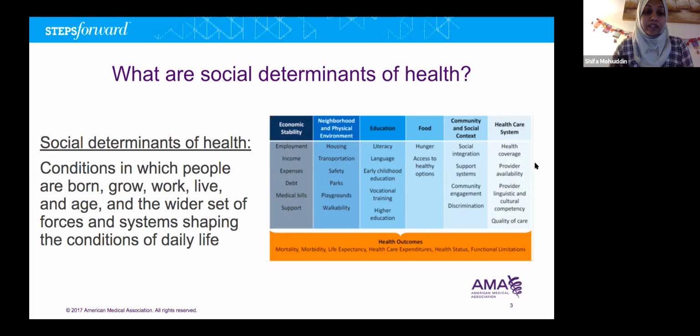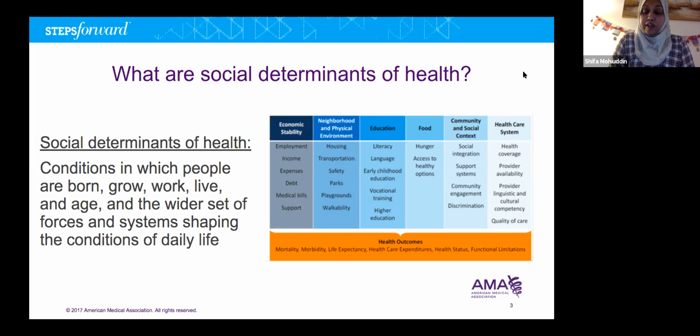They're already determined based upon the current situation of a population, of patients, or a group of people, and the wider set of forces and systems that are shaping their conditions in daily life. That could be economic, public policy, the laws and rules of the land.